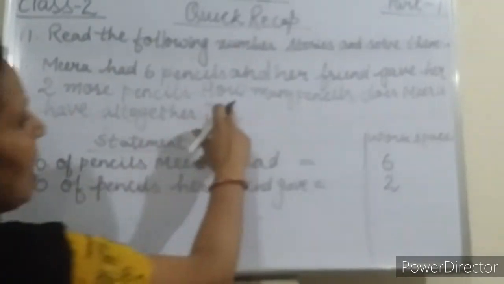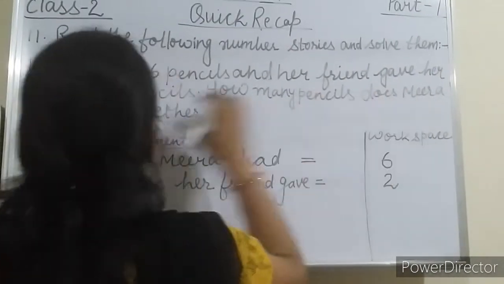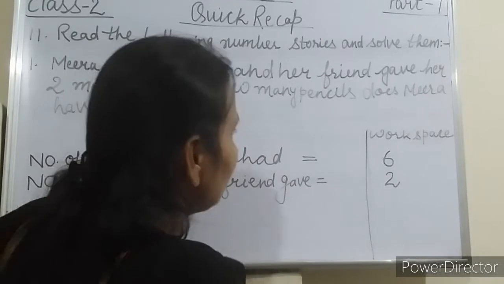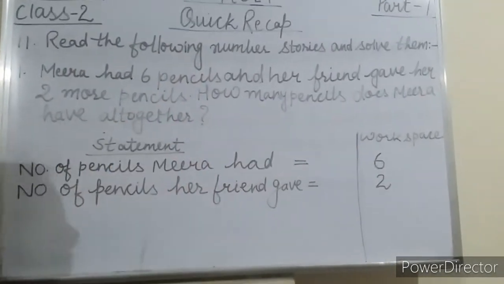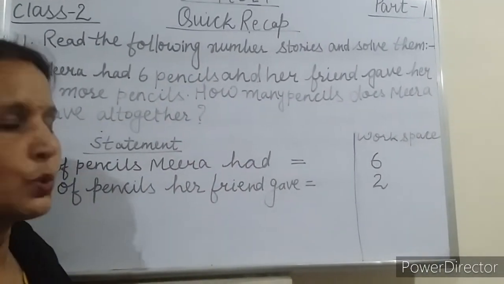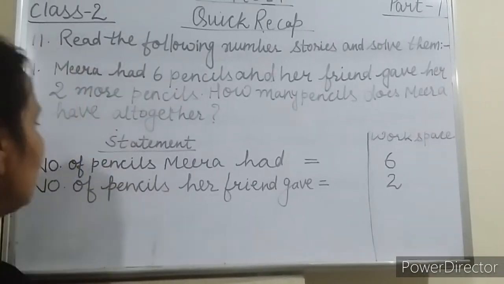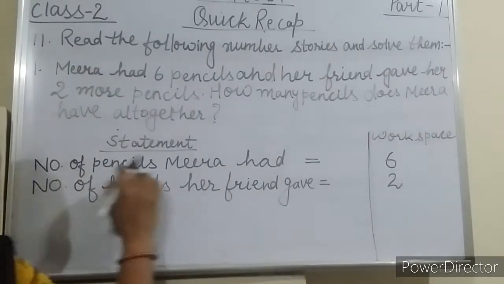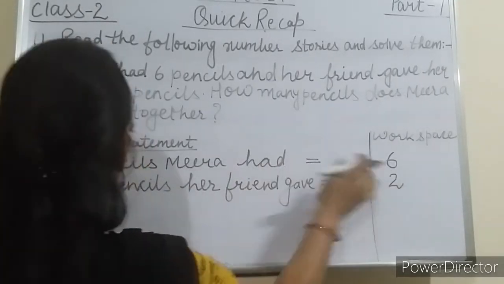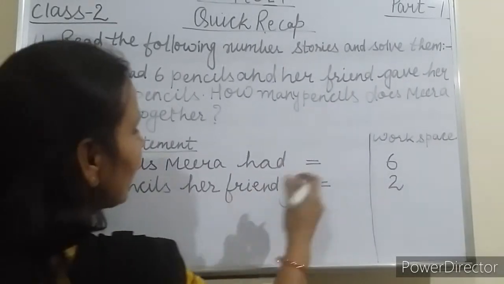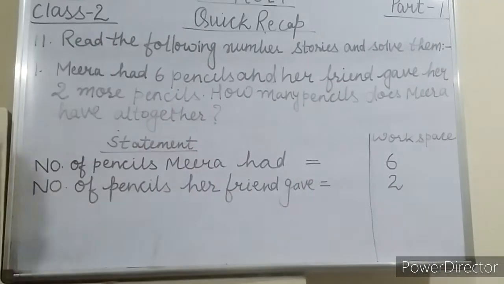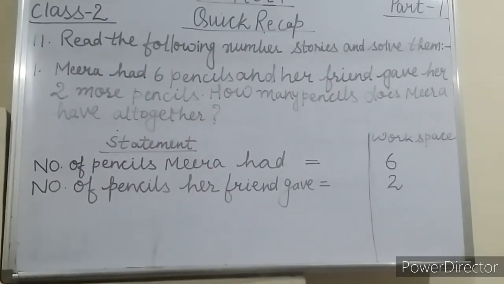And see, how many pencils does Meera have altogether? Here it is all together. When the word all together or total comes, then what you have to do? You have to add here. You have written number of pencils Meera had 6, number of pencils her friend gave 2. So how many pencils does Meera have all together?